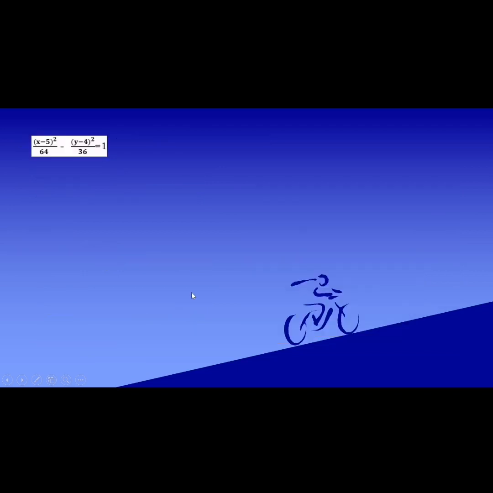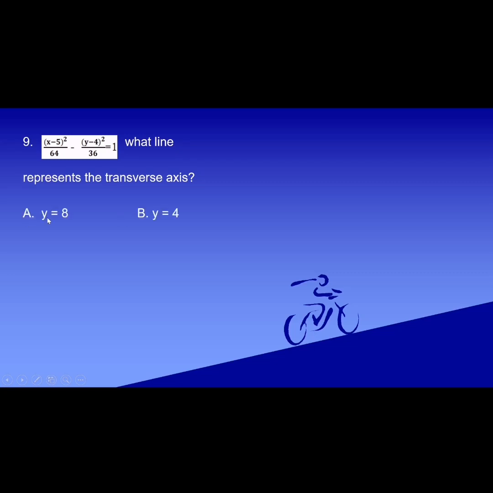For number 9, the quantity x minus 5 squared over 64 minus y minus 4 squared over 36 is equal to 1. What line represents the transverse axis? Our choices: A is y equals 8, B is y equals 4, C is y equals negative 2, D is y equals negative 4.